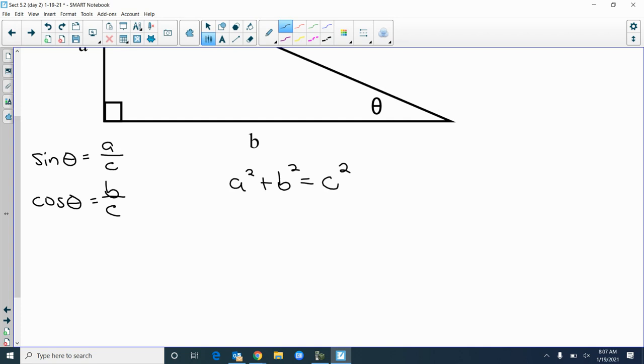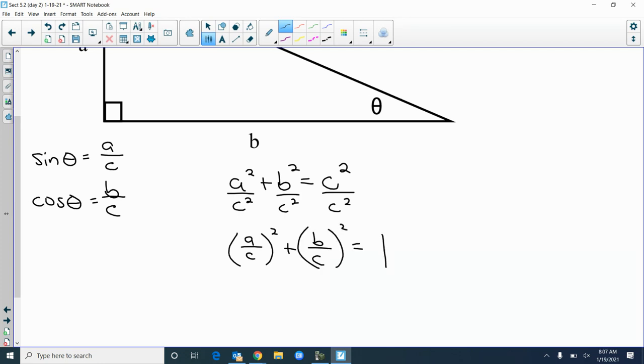Go back to your Pythagorean theorem. Divide everything by C squared. And what you can do is you can make this as A over C, and I can just put the squared on the outside, plus B over C, and put the squared on the outside, and C squared divided by C squared is 1.